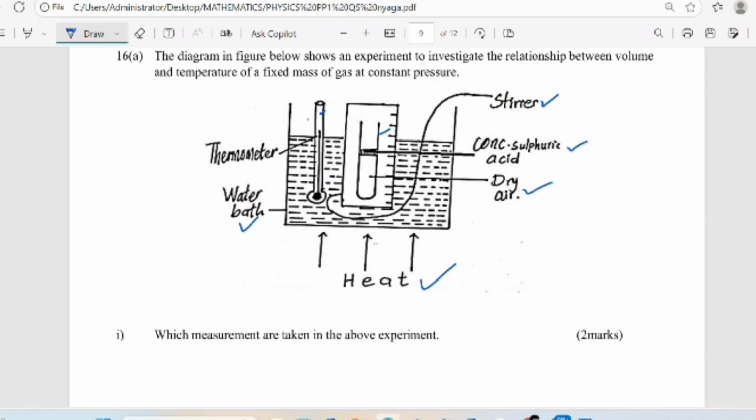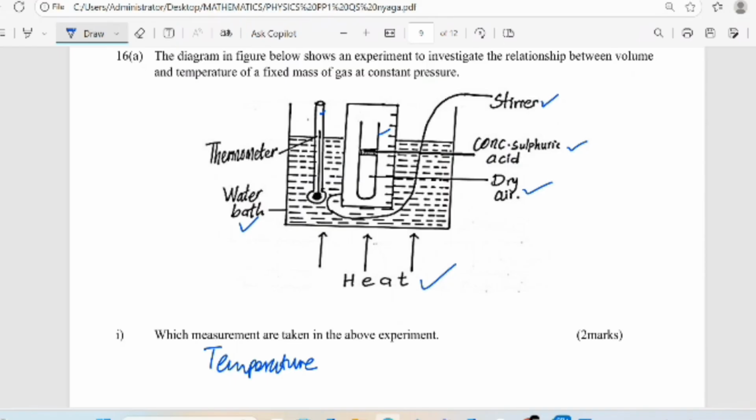You are asked which measurements are taken in the above experiment. What can be measured? The first point which is very clear is the instrument, the thermometer, which is used to measure the temperature. So temperature is being measured in this case.